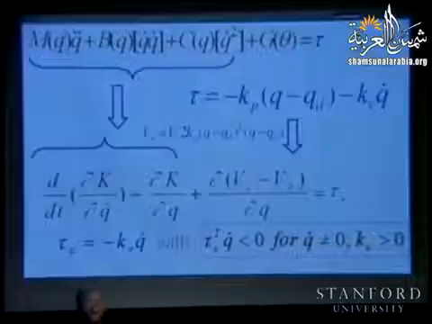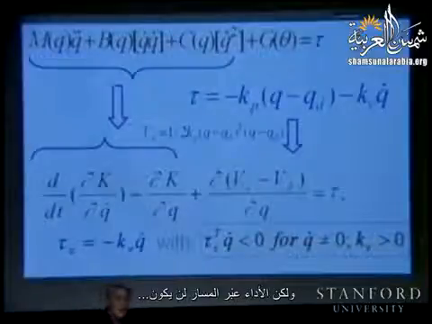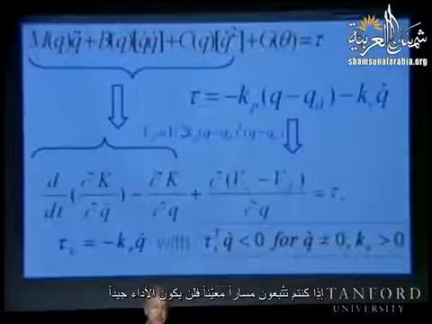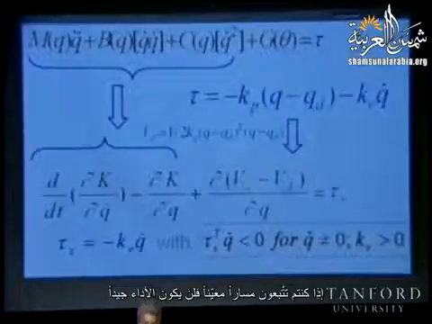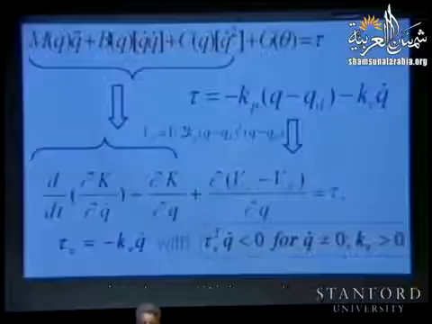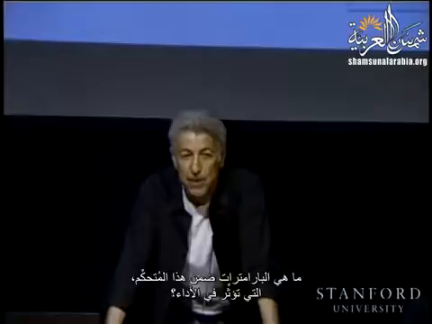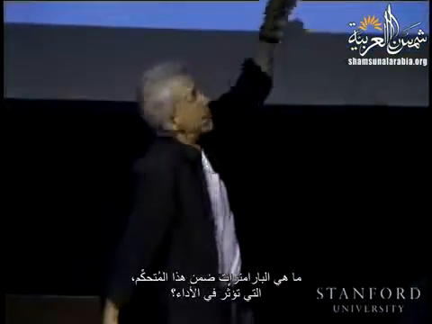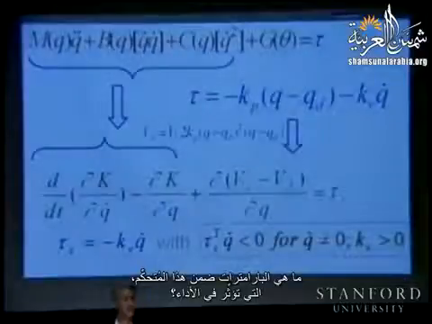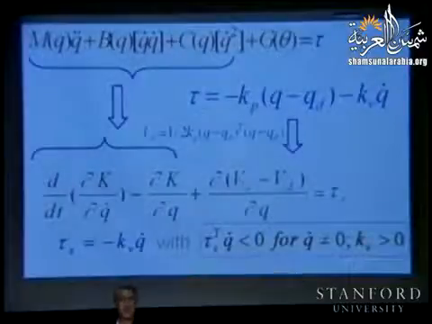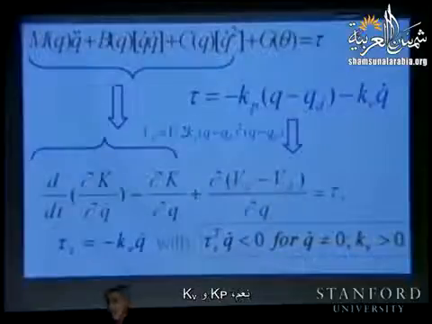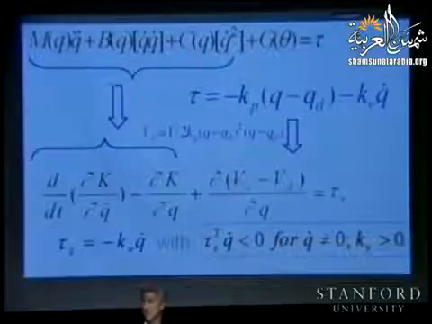But if you are tracking a trajectory, the performance along the trajectory is not going to be good. So how do we evaluate our performance? What are the parameters in this controller that affect the performance? Yes, the Kp and the Kv.